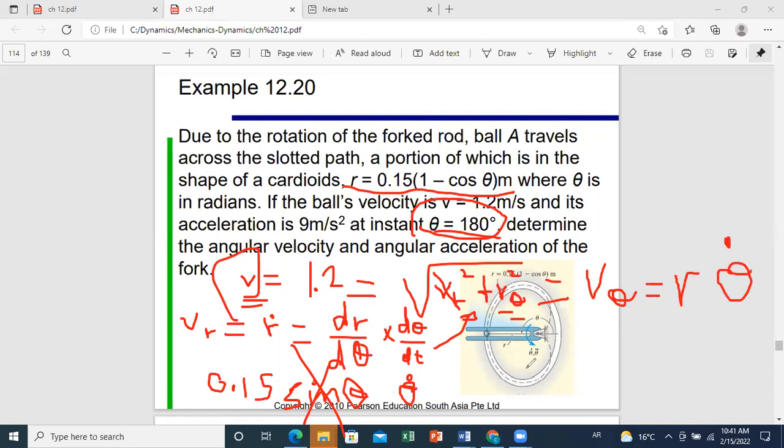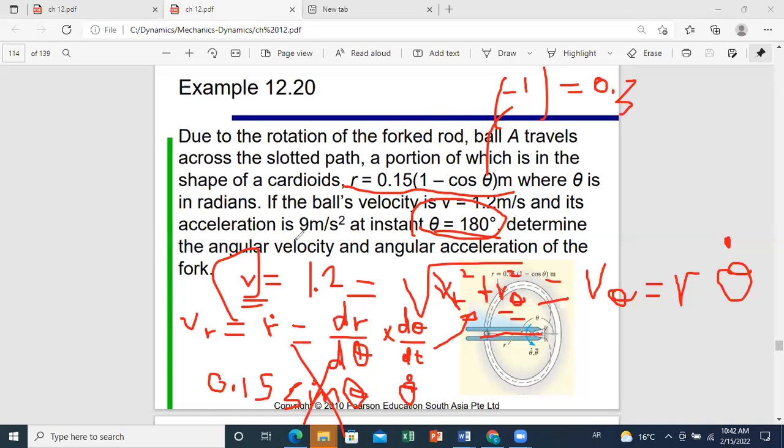And at this position, what is R? To get R, we just replace in this formula cosine theta by 180 degrees. We know that cosine 180 is minus 1, so we have 1 minus minus 1, which is 1 plus 1. So R at 180 degrees is equal to 0.3.